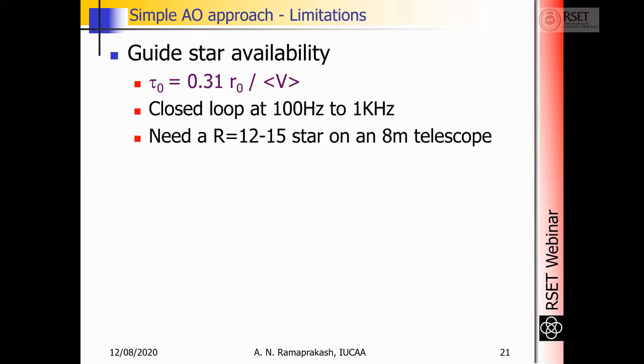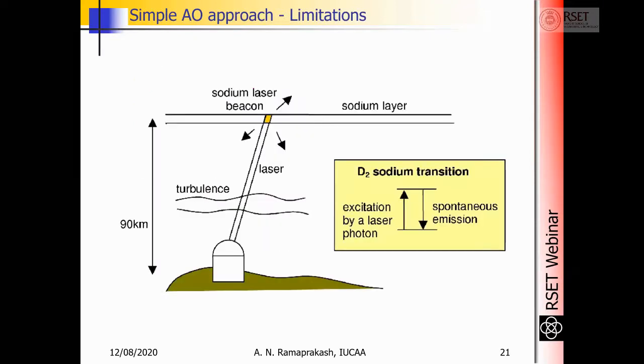How do you solve that problem? The solution is to create artificial guide stars in the sky. You shoot a laser from the telescope along the axis of the telescope, in the direction in which you are looking, and create a beacon laser star sufficiently high in the atmosphere.